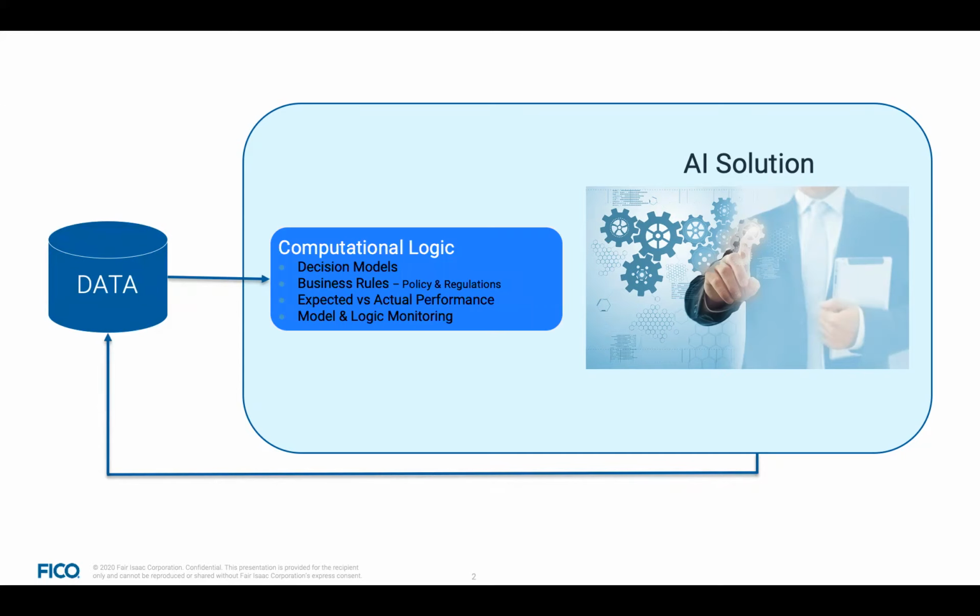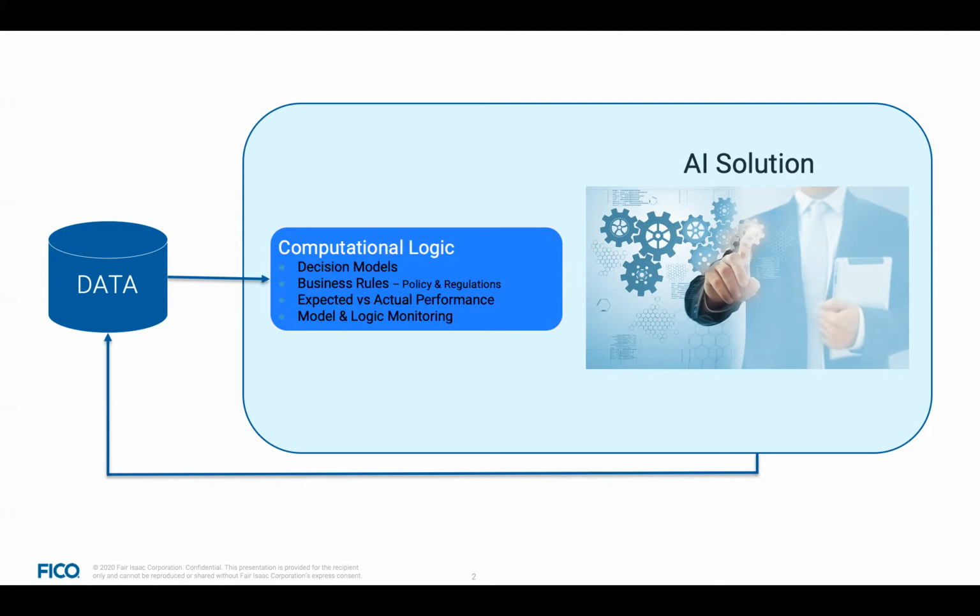Historically, the first thing you probably think about is you want to apply some computational logic. In terms of an AI solution, we think about decision models, business rules, policies, regulations, just some way of expressing your model in business rules.